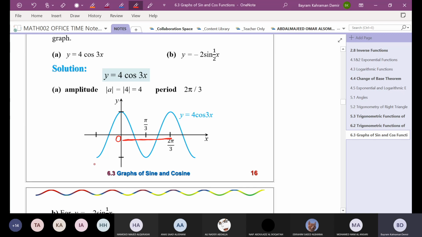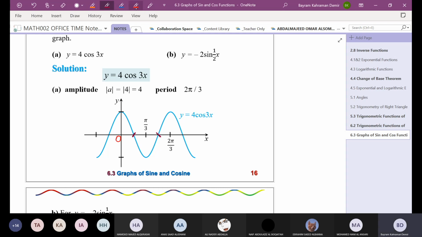Now I have to find these important points. What are those points, Shabab? One point here. Another point is pi over 3. We will see how to find it. Now we have 4 small intervals with the same length, everybody.